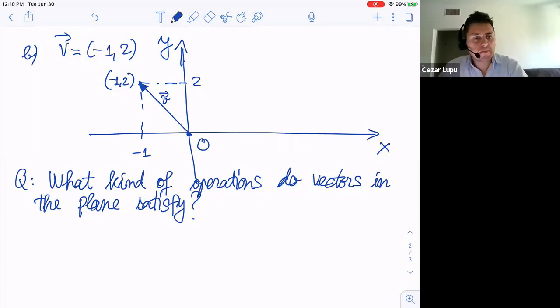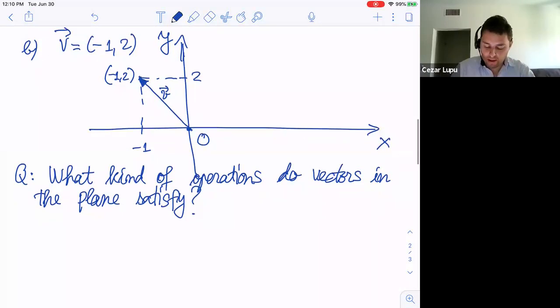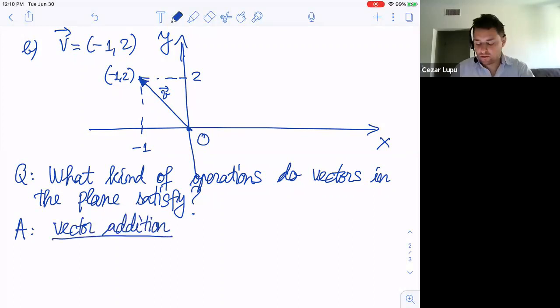But the first basic operation will be, for example, vector addition. This is the most basic operation, vector addition. We're interested in this operation first and foremost, because from this operation we can derive the others. Okay, so with vector addition, the story is like this.